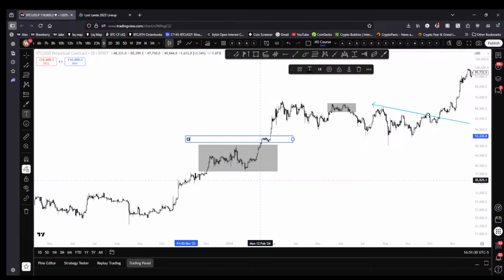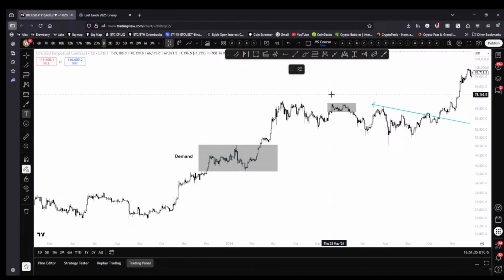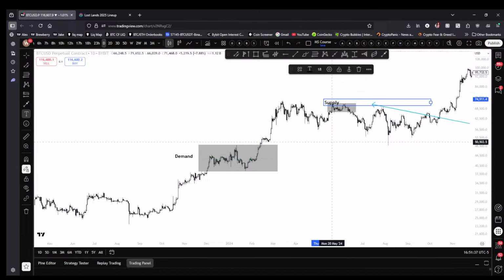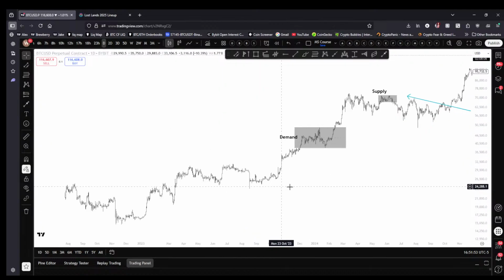So we can understand that in this range here, there's a lot of demand, and that in this range here, there's a lot of supply. Those are general ideas of supply and demand just by looking at a chart, right? You can understand if there's demand in a trading range just by understanding what the price did after it was in that trading range.